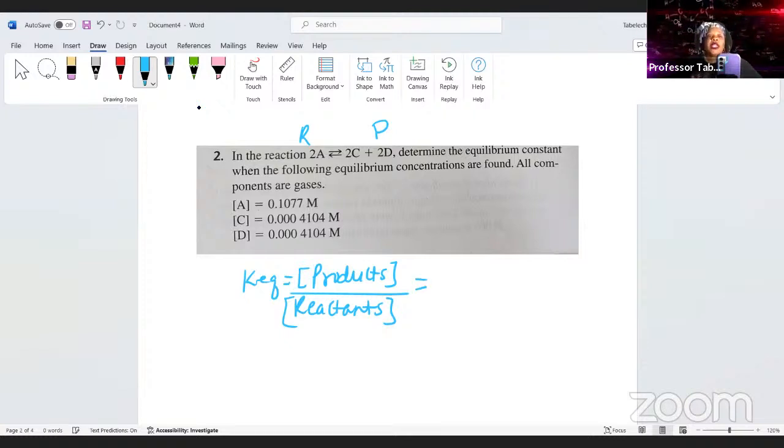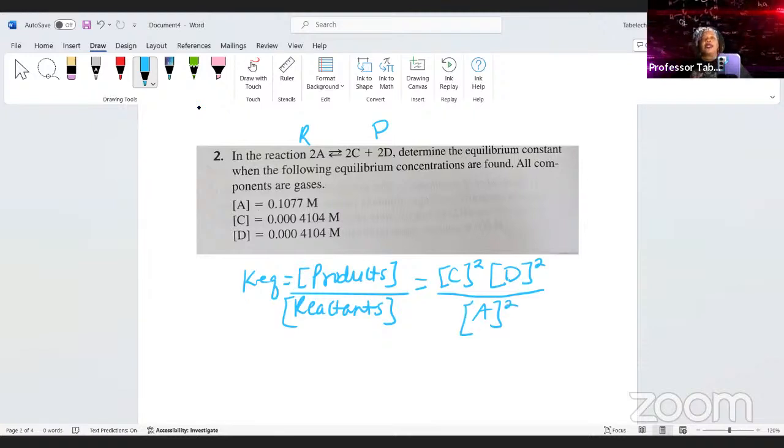You're going to say your equilibrium constant equals your products, which is C raised to the power of 2 times D raised to the power of 2, over A raised to the power of 2 as well.